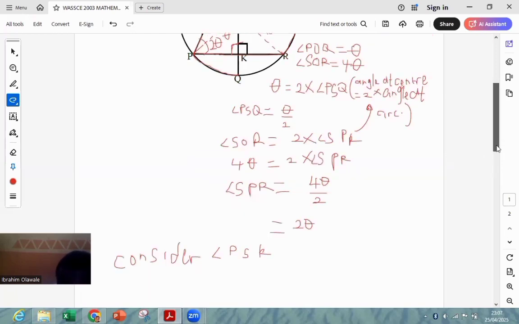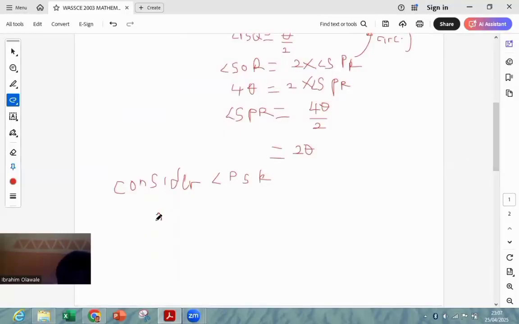We have that 2 theta plus theta over 2 will be equal to 90 degree. And where is this coming from? It's coming from complementary angle. Two angles are said to be complementary if they add up to 90 degree. So this is complementary angle.